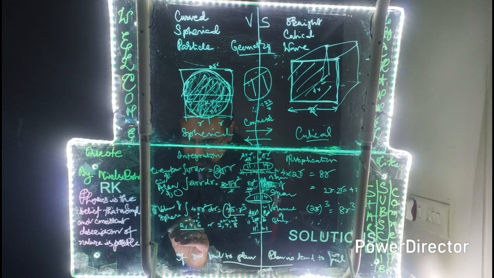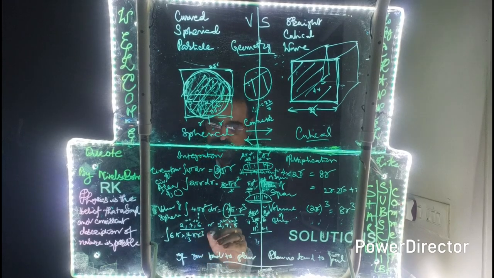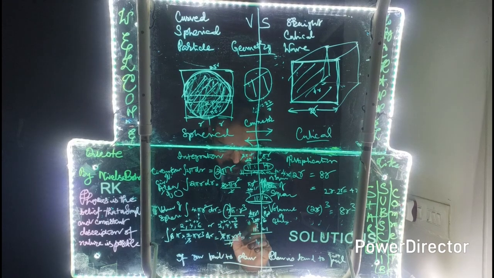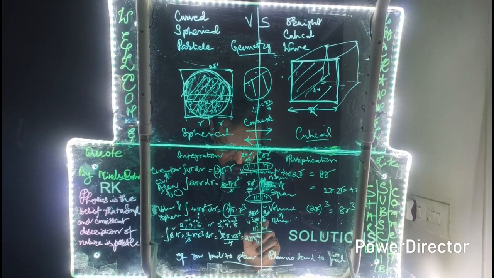If you follow this method, what do we get? 6 pi into 4/3 pi r cube dr will yield, this will cancel twice, and 8 pi r raised to 4 by 4, meaning 2 pi r 4.